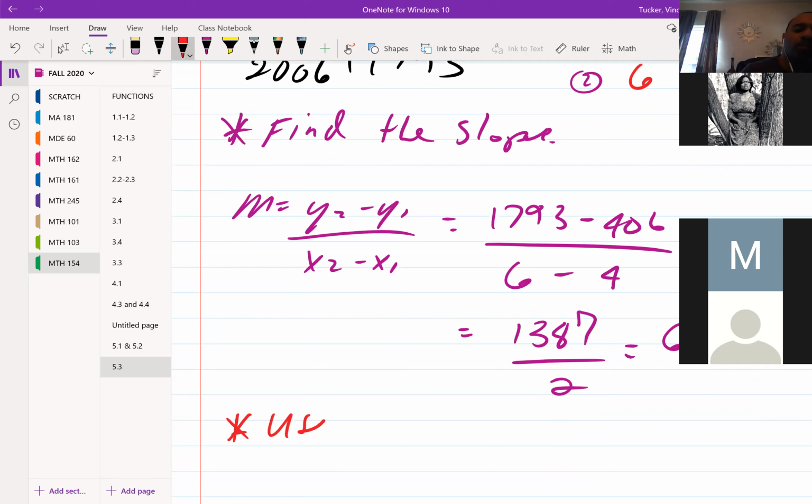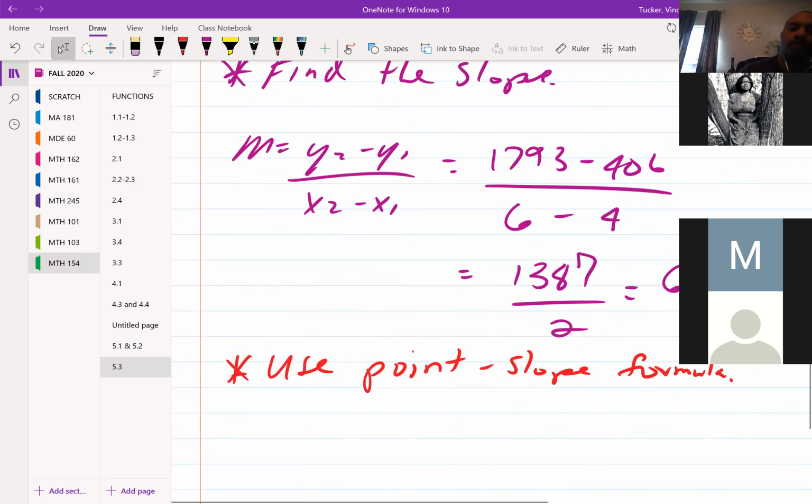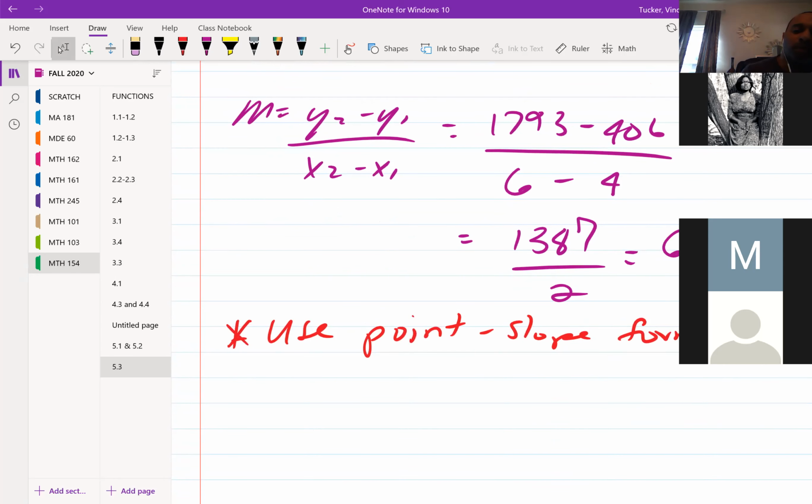Not sure if we used this formula last class. We used the point slope formula. Now that you have your slope, you can use the point slope formula. That's y minus y1 equal to m times x minus x1.